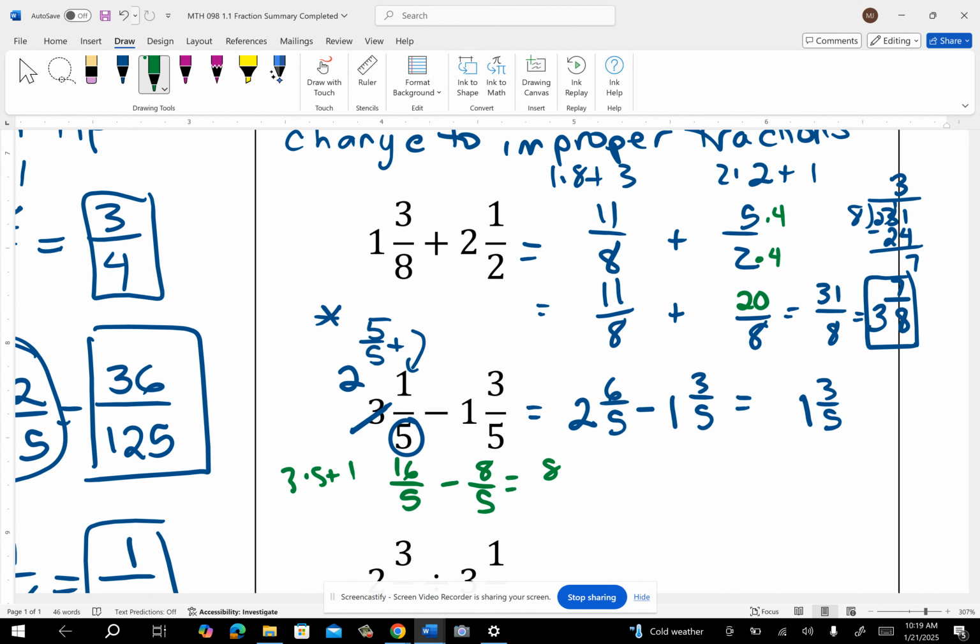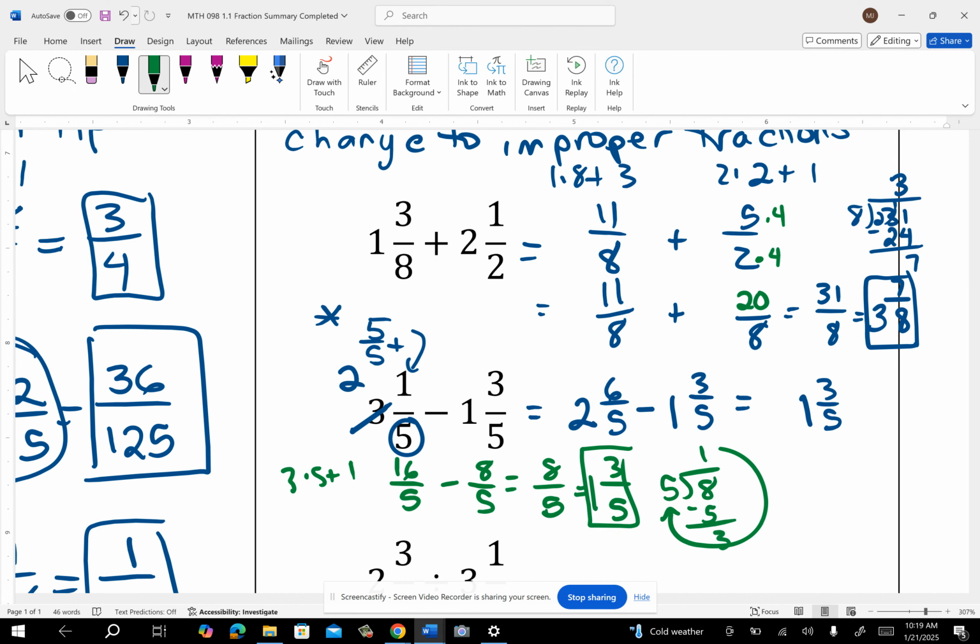So then I would get 8/5. And then the disadvantage of this approach is since it started with a mixed number, they'd probably want it that way. So I'd have to do 5 goes into 8 one time, 3 left over. So I know that's equal to 1 and 3/5. And they'd probably want that as the final answer.